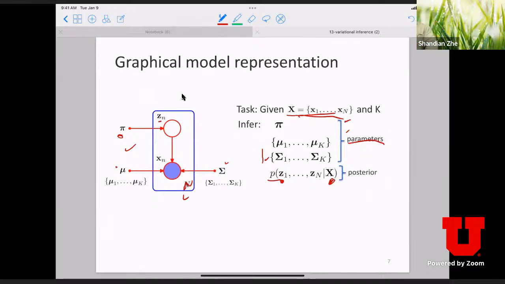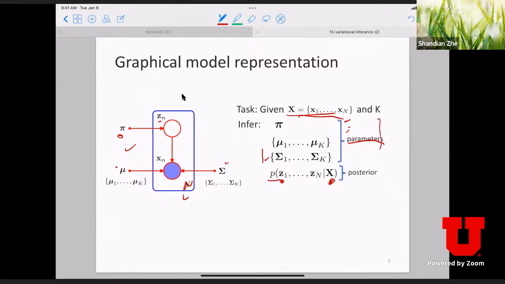Yes, you can do that. You can also assign a prior over pi and over mu and sigma, and infer the posterior for all those parameters and also the cluster memberships. That's totally doable.